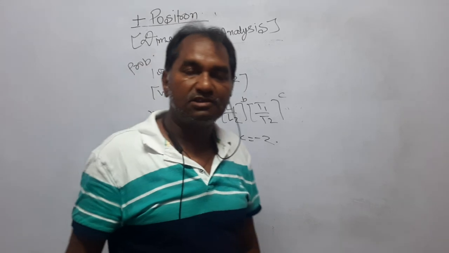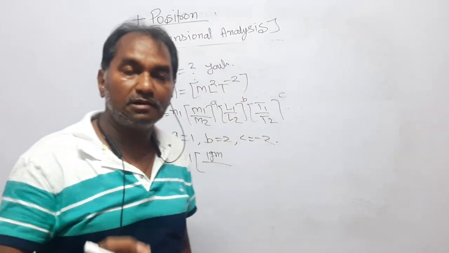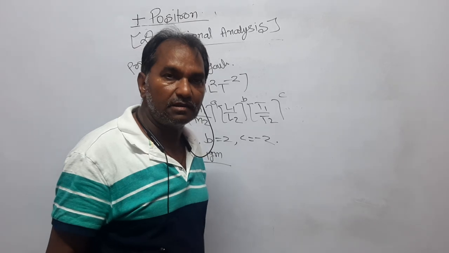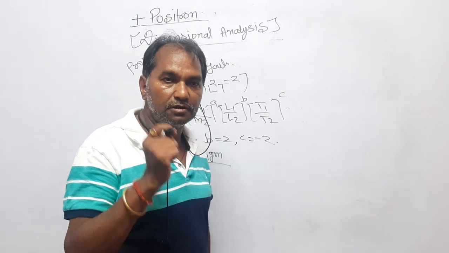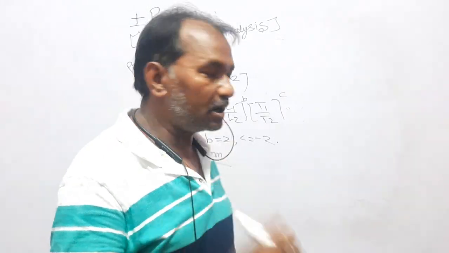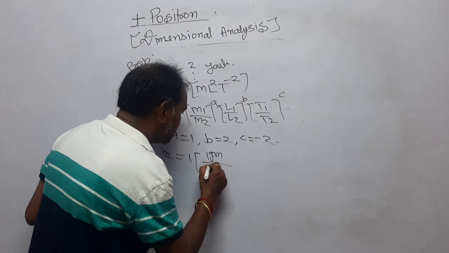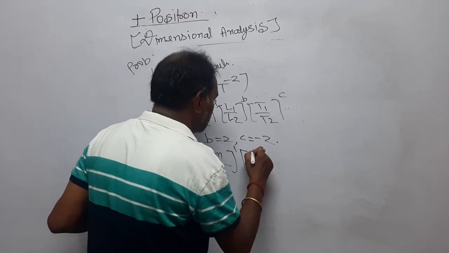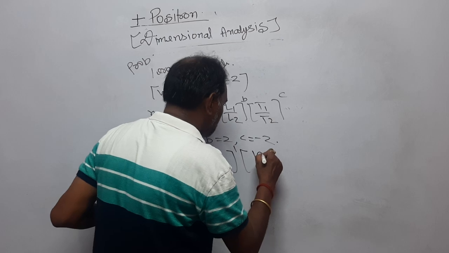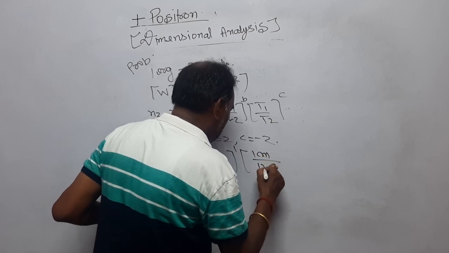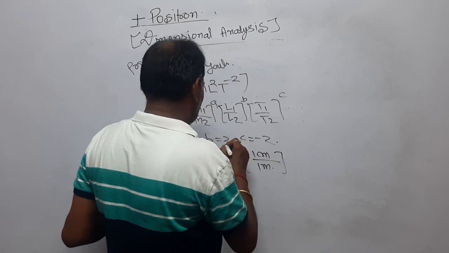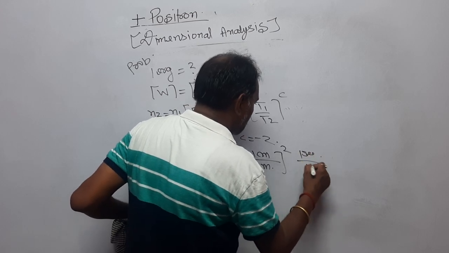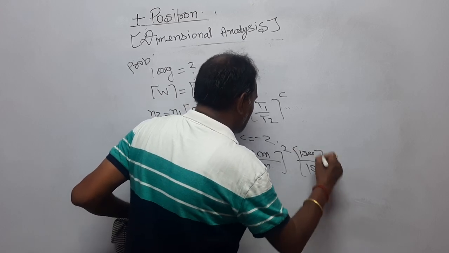You have to convert CGS into MKS, erg into joule. So M2, L2, T2 represent mass, length and time in MKS. So it is 1 gram over 1 kg to the power 1, 1 centimeter over 1 meter to the power 2, and 1 second over 1 second to the power minus 2.